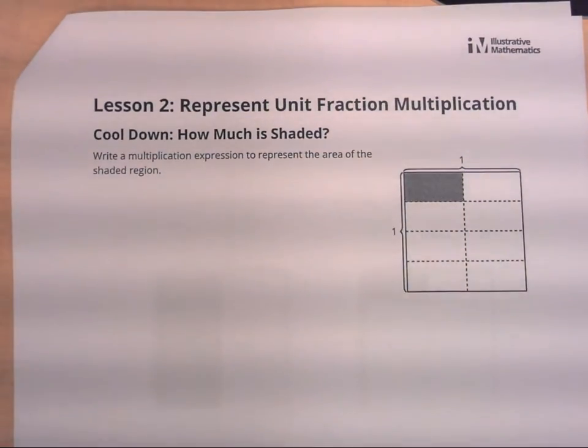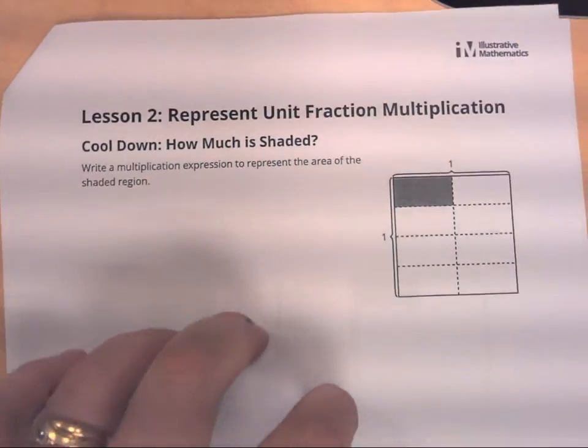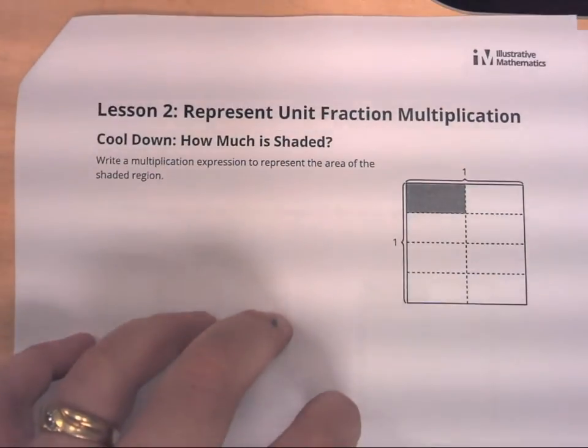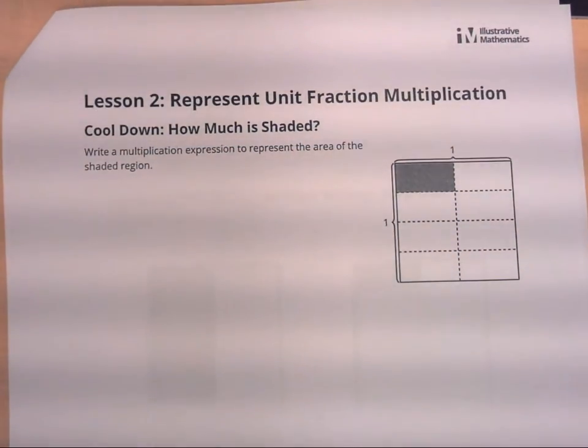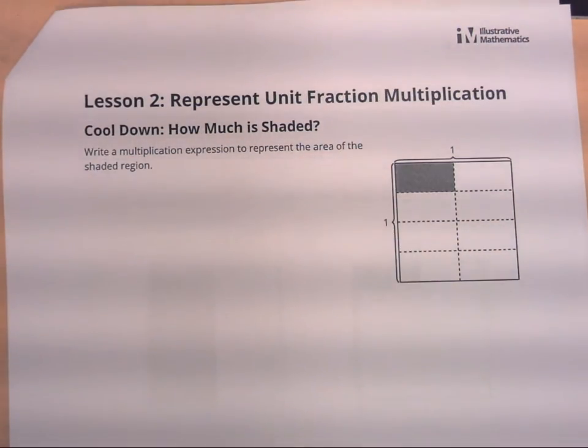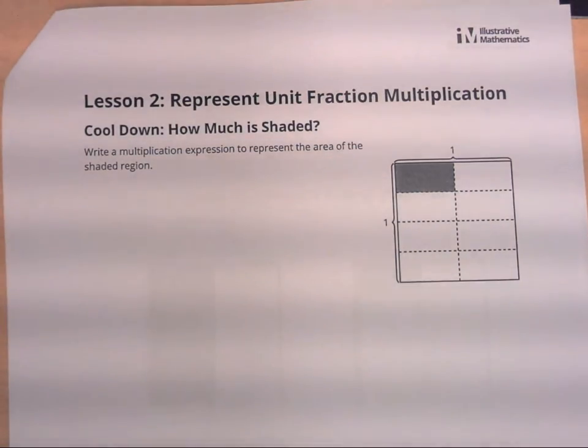So this was something that they were doing individually, and this is a way for me to check to see where their understanding level is, whether they're getting there, or whether they've got it and it makes sense to them, or whether they're still confused about the concepts being talked about and worked on. But anyway, they were just given this diagram here, and they had to create a multiplication expression to represent the area of the shaded region.